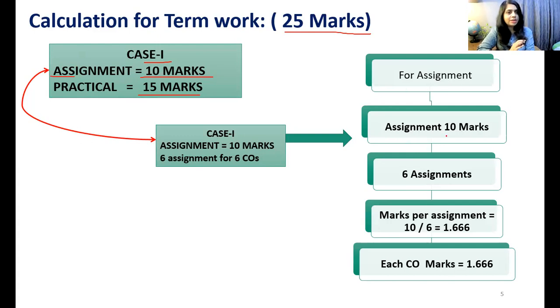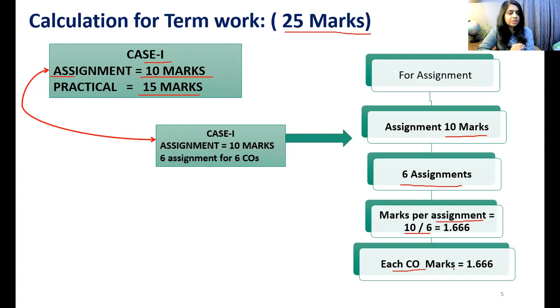So for assignments, it is for 10 marks. There are 6 assignments for 6 COs. So divide this 10 marks in 6 different parts. So you will get 1.66 marks per assignment. How to divide? You have to divide this 10 marks into 6 equal parts. So you will get 1.66 for each assignment.